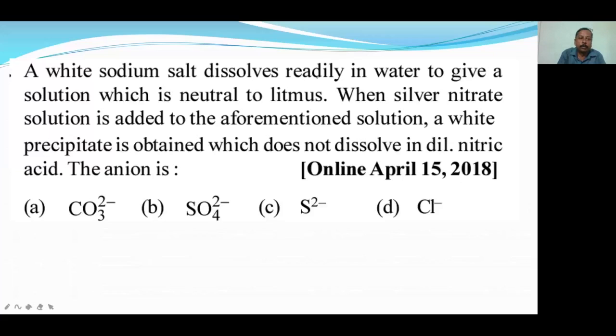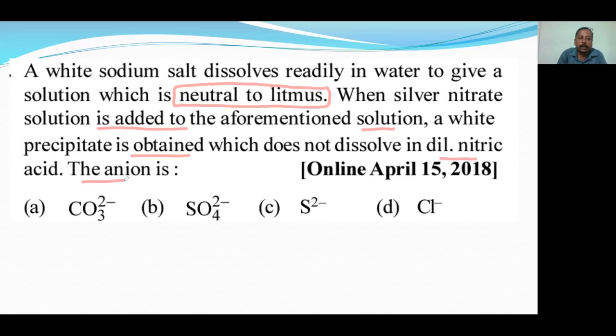Okay. Next question is about a white sodium salt that dissolves readily in water to give a solution which is neutral to litmus. When silver nitrate solution is added to this solution, a white precipitate is obtained, which does not dissolve in dilute nitric acid.